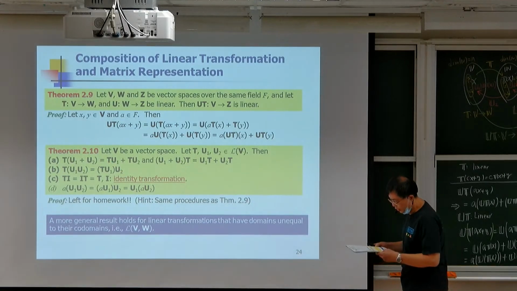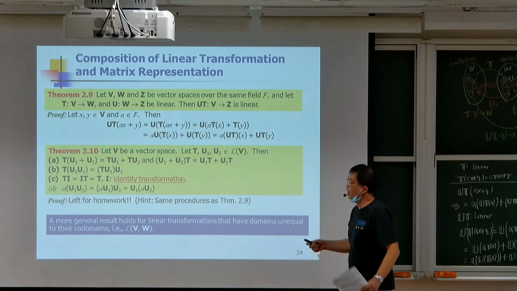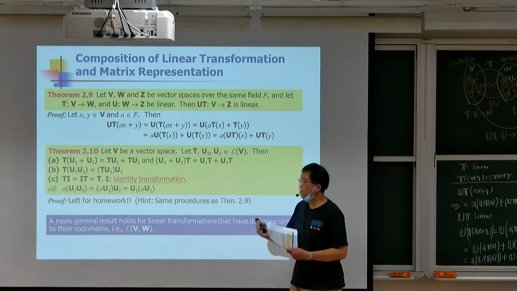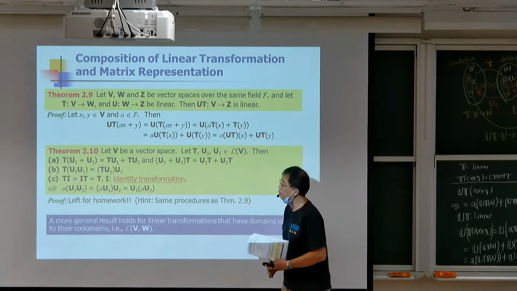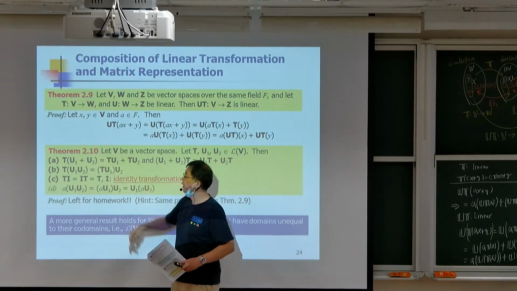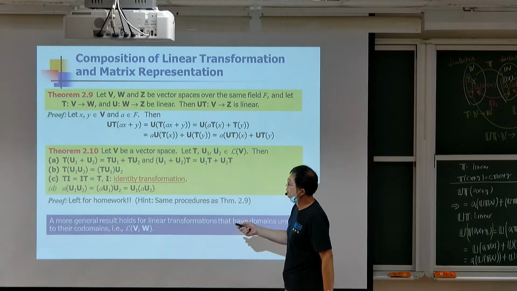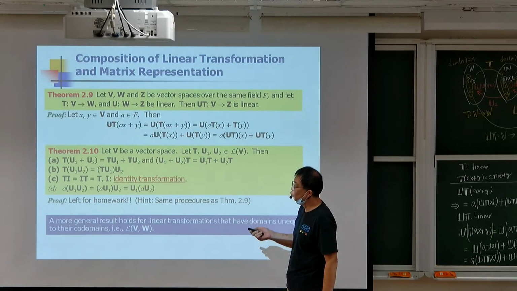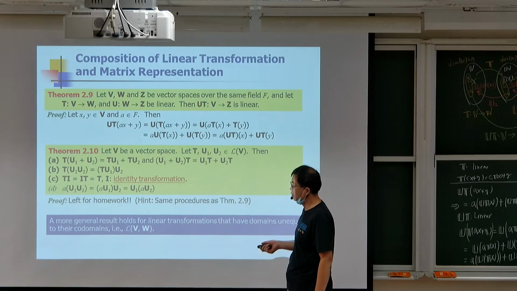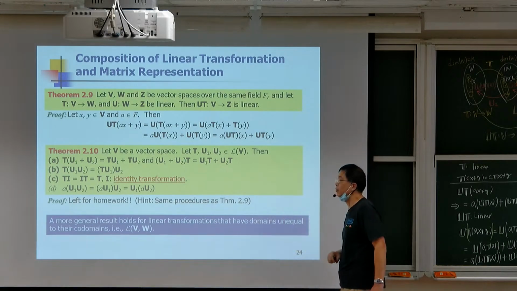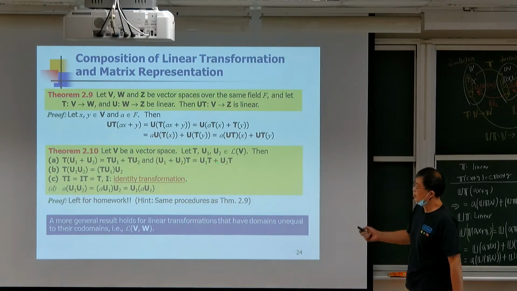Actually, it's pretty simple. You just use the same procedure. We put X here, and then U1 plus U2 of X will be equal to U1 X plus U2 X. And then we operate on it using the T transformation. So then I can have this result, and the same as here.